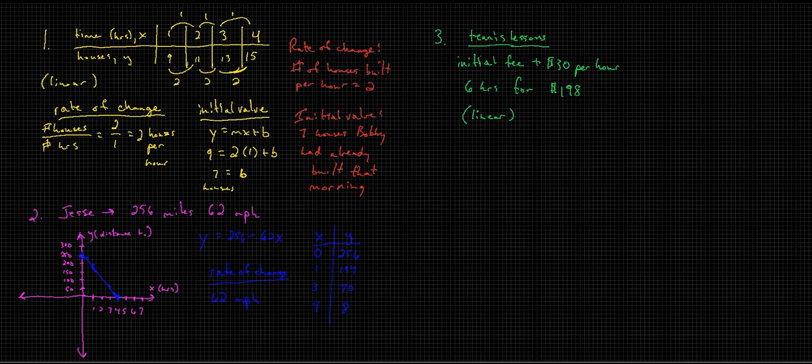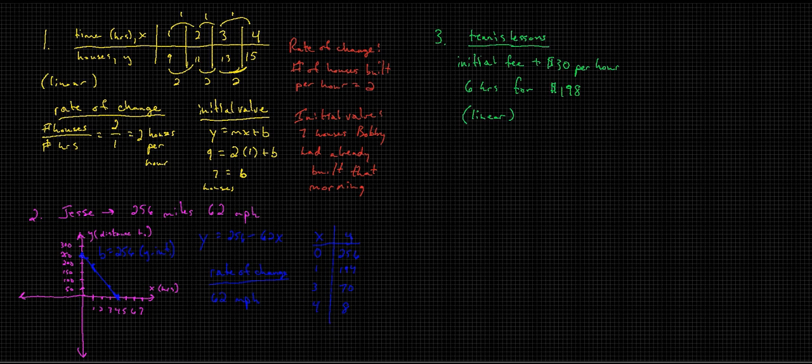That's how many miles the destination is being reduced in distance each hour. 62 miles every hour. We're also asked, what is the y-intercept of the line? The y-intercept is b equals 256. And it says, explain why the line crosses the y-axis at 256.